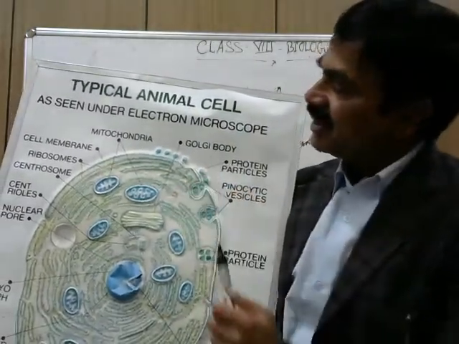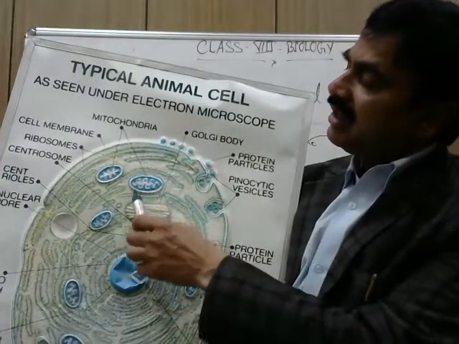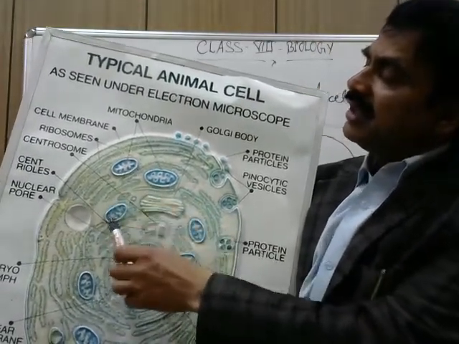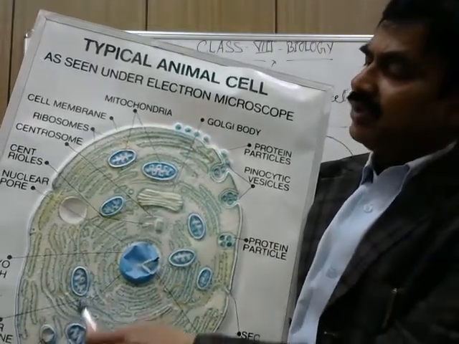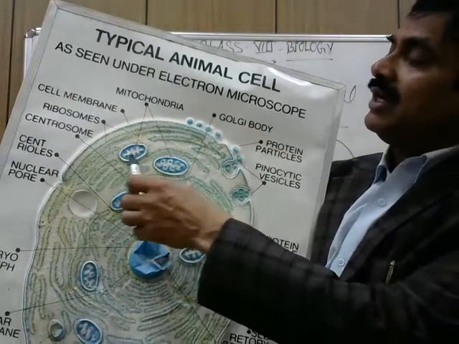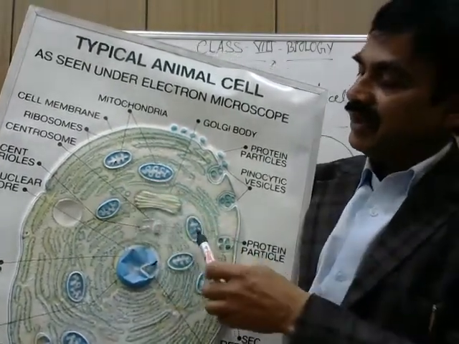Look at this. There are many round spherical structures, and these are called mitochondria.